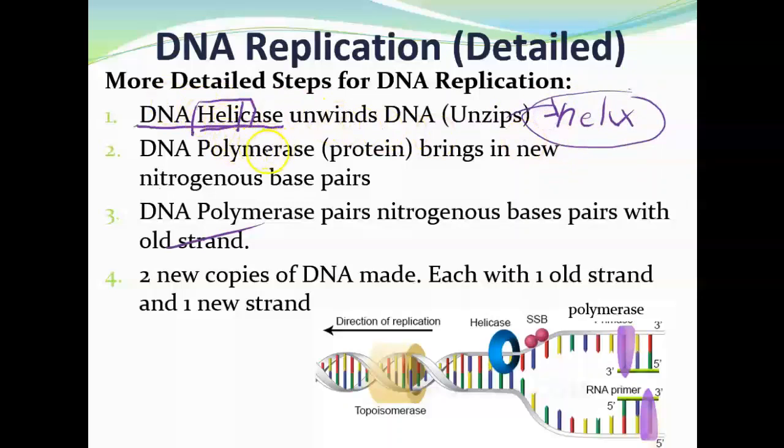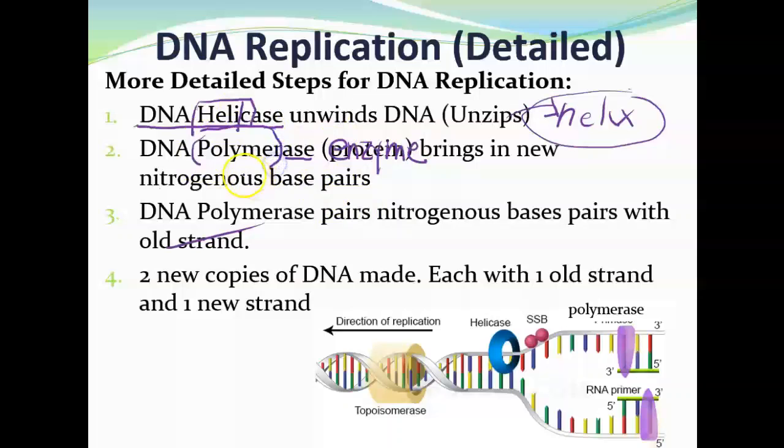ASE endings are enzymes. So in this case, DNA polymerase. It says protein, but in this case, it's a special protein. It's an enzyme. Polymerase. Look at that word. Polymer, you've learned in the second unit.